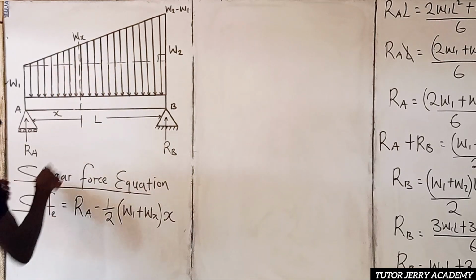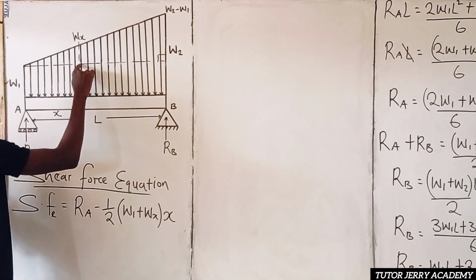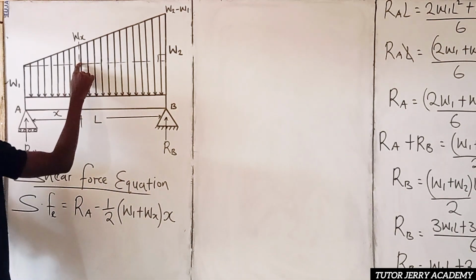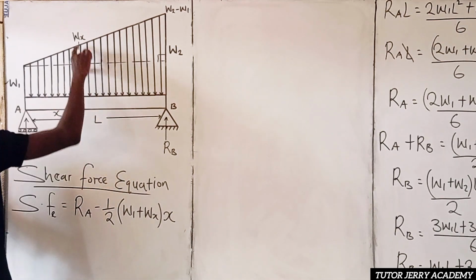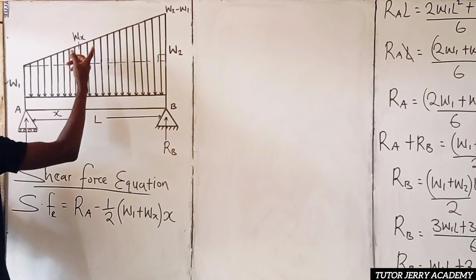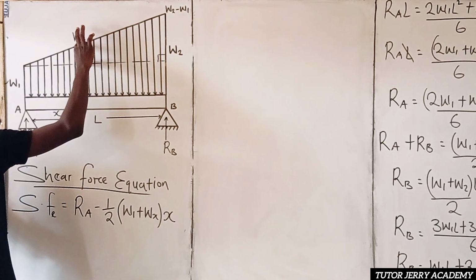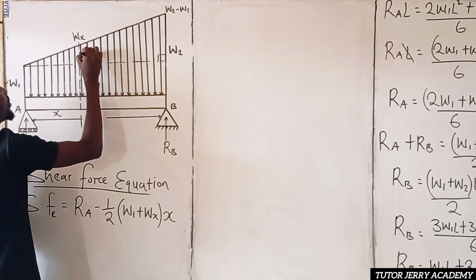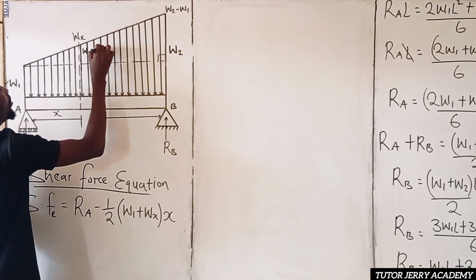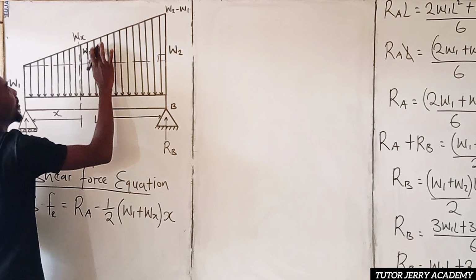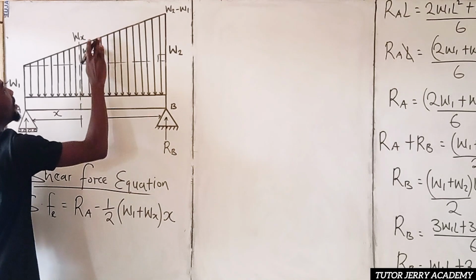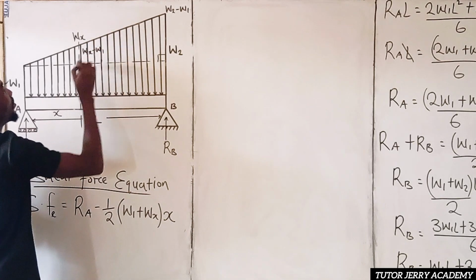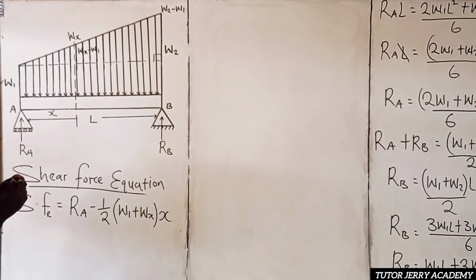From this point to this point, we don't know it, but we know that from this point to this point is WS, and from this point to this point is W1. So this point is going to be WS minus W1, only for this point.